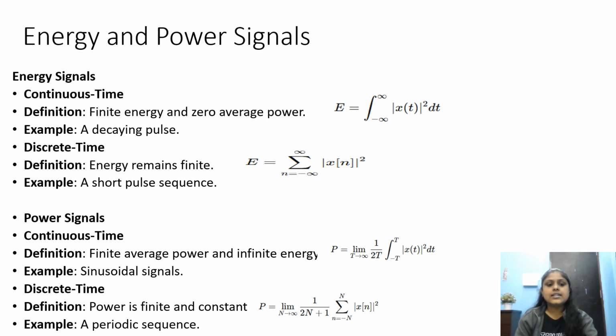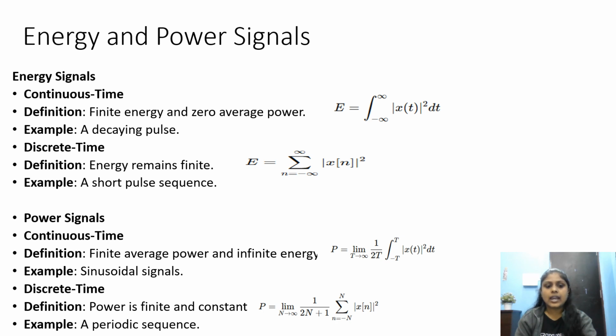Power signals in continuous time have finite average power and infinite energy. The mathematical representation is P is equal to limit T tends to infinity of 1 by 2T, integration from minus T to T of mod of x of t squared dt. For example, sinusoidal signals.